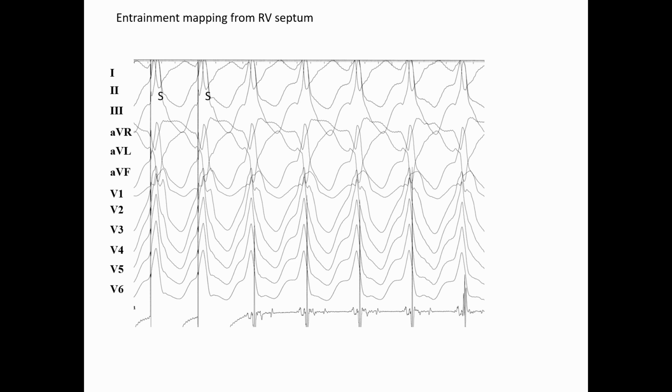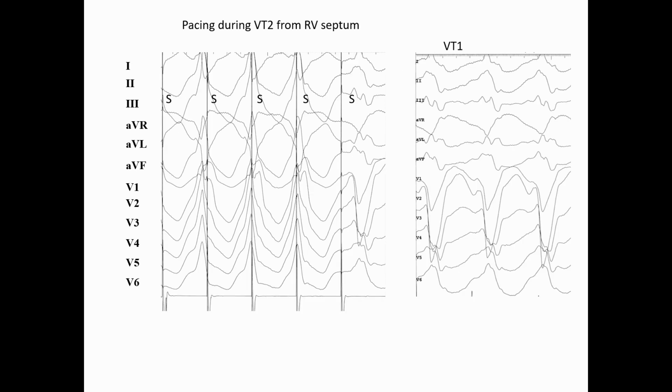When we paced some more, you can see this one, this stimulus is not capturing. This is a capturing stimulus with a long stimulus QRS interval, but this stimulus does not capture, is subthreshold, and terminates the ventricular tachycardia, and the next capturing beat matches up with ventricular tachycardia number 1, all that on the same side in the right ventricular septum.